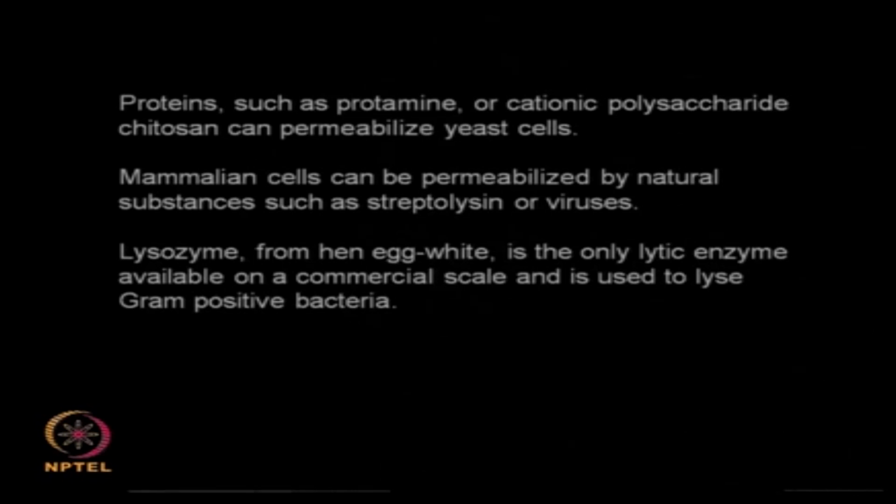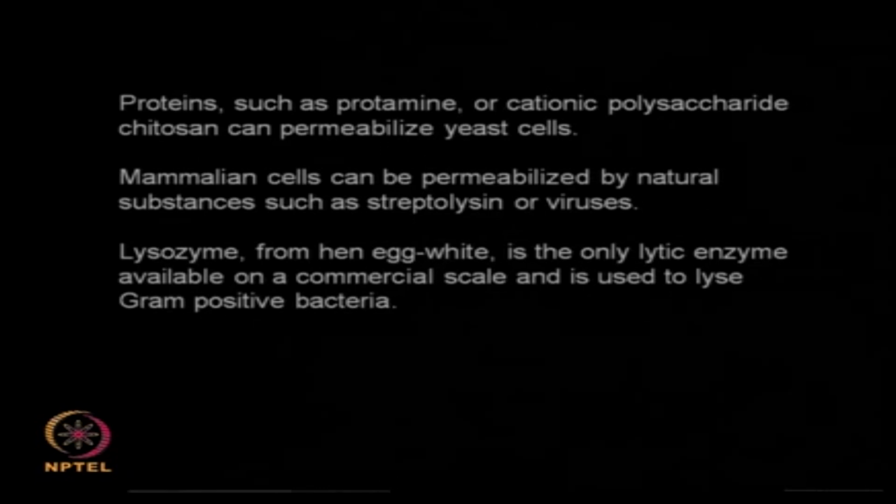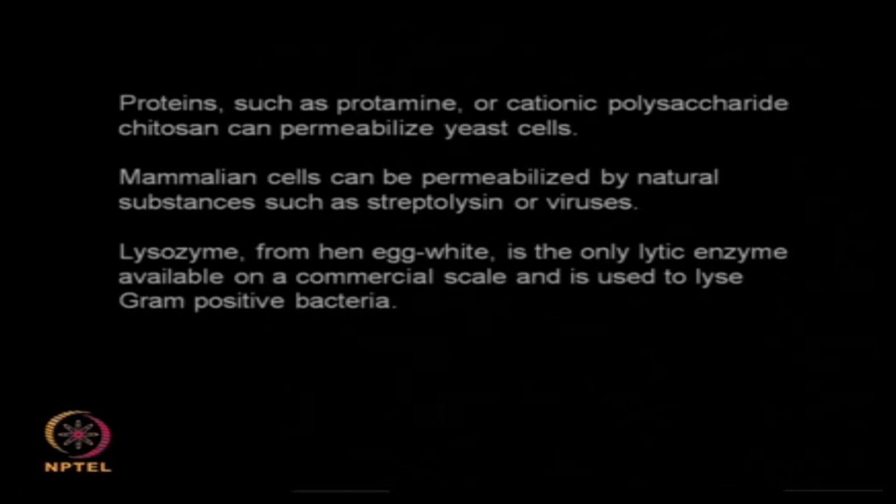Lysozyme from hen egg white is also an enzyme which is called lytic, that means it breaks the cell wall, and it is also used on commercial scale to lyse gram positive bacteria. So lysozyme is not very expensive, and can be used for breaking the cell walls.